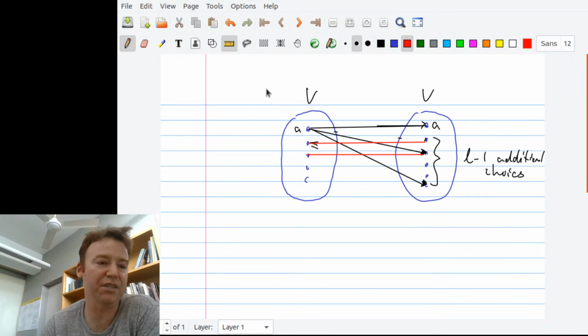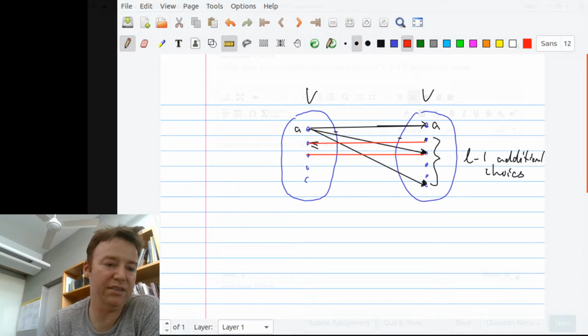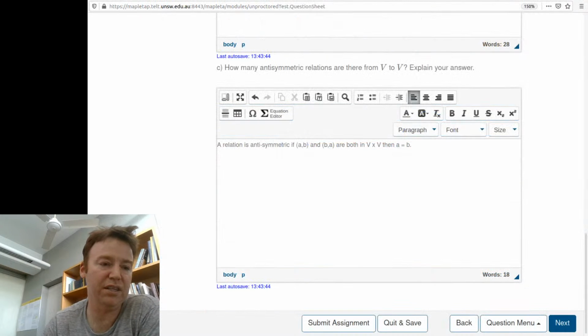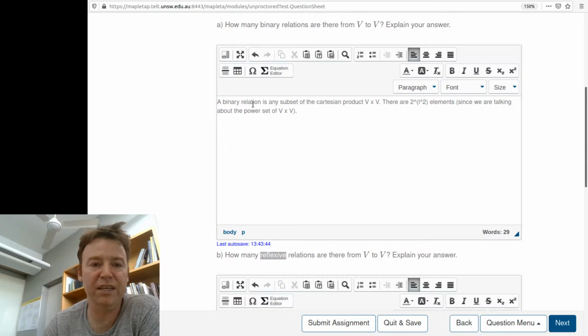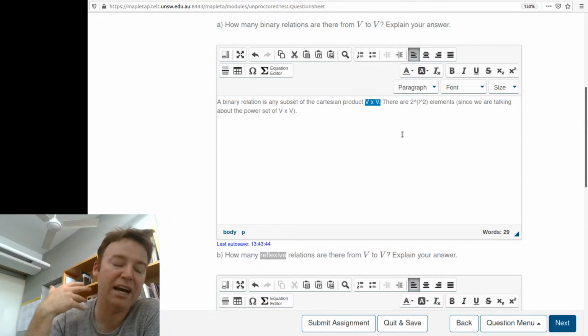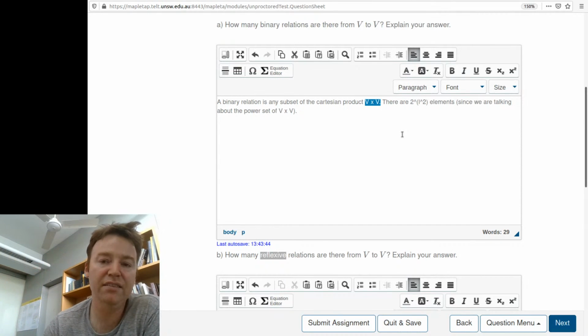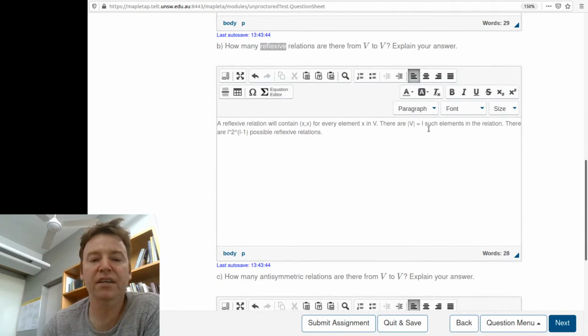Of course you can't, because I'm still on the other screen. Sorry, I was over here, and I changed my answer to part A. It still said that a binary relation is any subset of the Cartesian product, but there are 2 to the L squared elements of these, but I'm talking about the subsets. So how many subsets are there? Well, that's really the power set of v cross v, and there are 2 to the L squared elements in that. Okay.